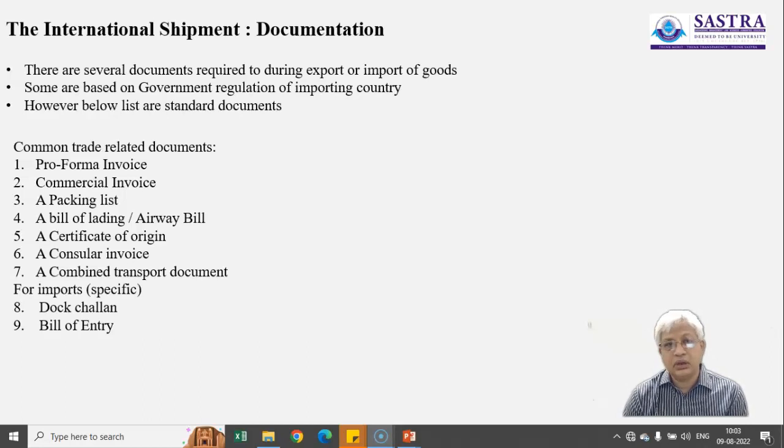Now, as we go through all these documents, please understand that I'll be using only the word document, document and document. A document, and whatever is written in that document, has a lot of bearing on the activities of the supplier. He has to adhere to it. He has to see to it that he has fulfilled everything that is written in the documents.